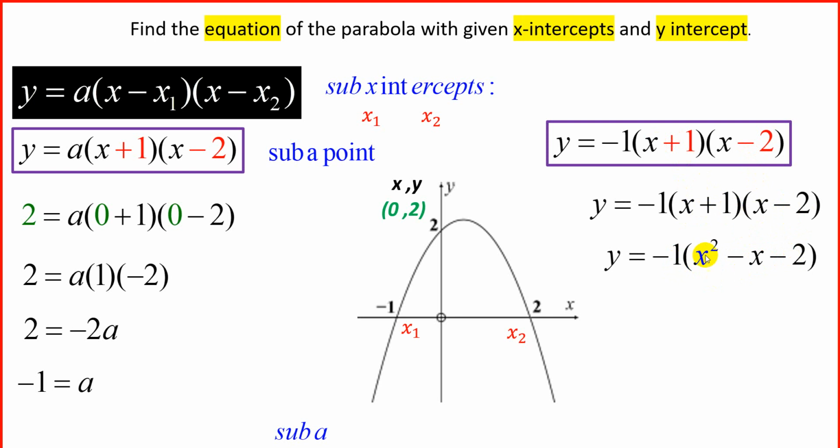Next, we're going to multiply the -1 into the bracket, which basically changes your signs. So we're going to end up with -x squared plus x plus 2, with the -1 changing all signs. And this is the equation of the parabola, which dictates the y-intercept should be 2. Confirmation, y-intercept is 2. Also, we should be seeing a sad face.